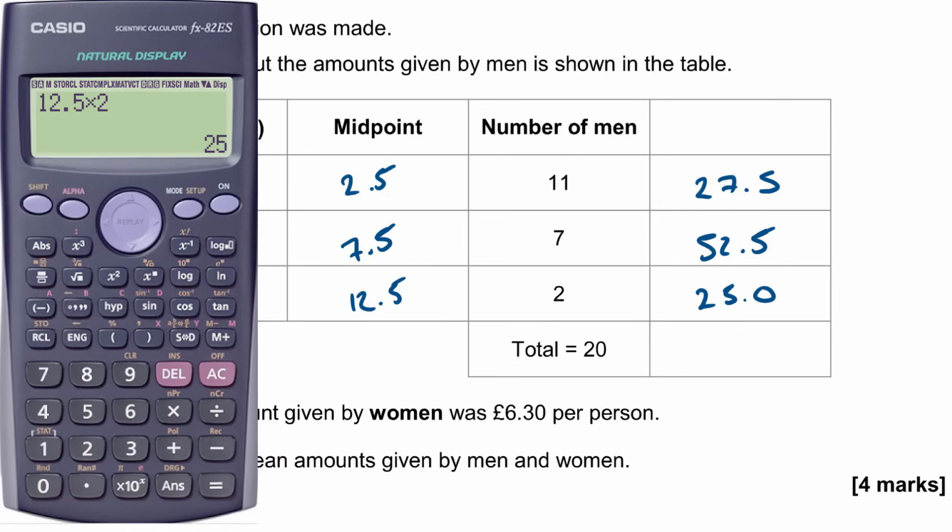So adding all those up, 27.5 plus 52.5 plus 25 gives me a total of 105.